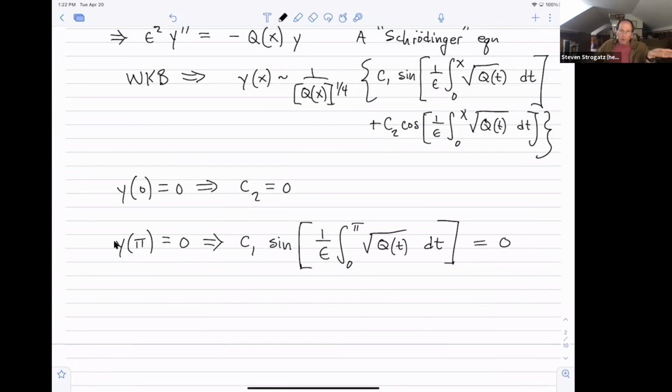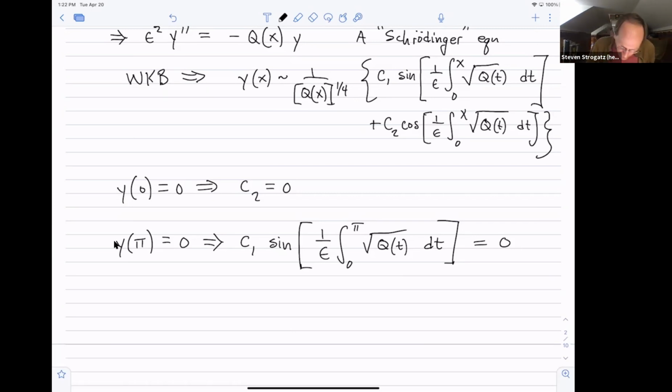Now, if you say C1 equals 0, that's not very good, because that's what we would consider the trivial solution to our problem, right? Then y would be identically 0, which does satisfy the boundary conditions and the differential equation, but it's not of great interest. The definition of an eigenfunction is something that's not identically 0. It has to be a non-zero solution to the problem.